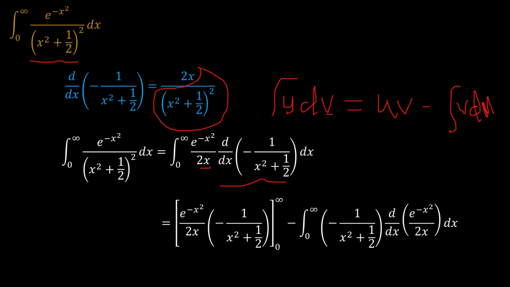Now I'll keep it this way, because there is a reason why I want to keep it this way: the limit as x tends to 0 is not exactly 0, so we want to keep it that way, so that when it interacts with the succeeding terms, the entire thing goes to 0. That's why I want to keep it that way. Now v is negative 1 over x squared plus a half, and then du is the derivative of e to the power negative x squared over 2x.